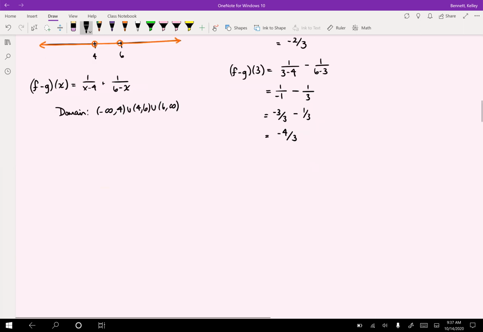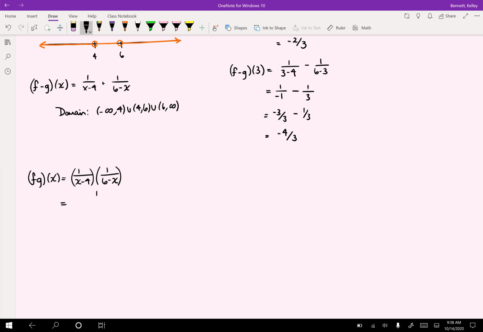So for my next part, I'm going to do the product. So I'm going to have fg of x. And that's going to be 1 over x minus 4 times 1 over 6 minus x. And again, the same problem arises. I can't divide by 0.